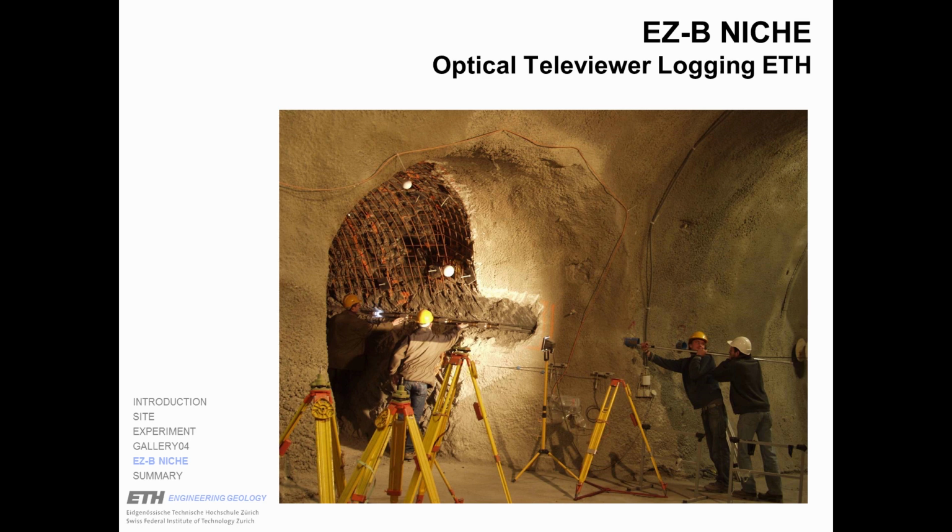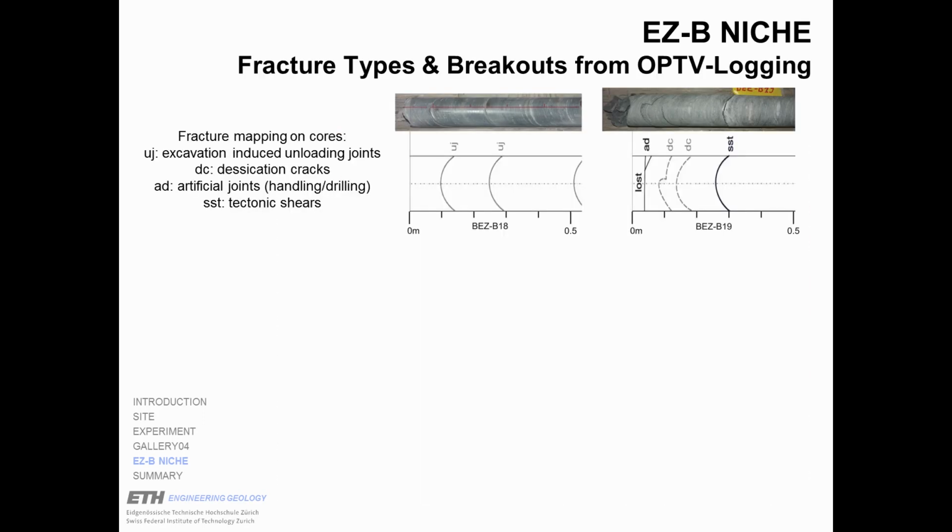Then the niche was excavated with a lot of parallel investigations, and one important investigation was optical televiewer logging. Optical televiewer logging was very important because we could verify the classification of fractures mapped on core. On the upper diagram here, you see a classification of fractures mapped on core.